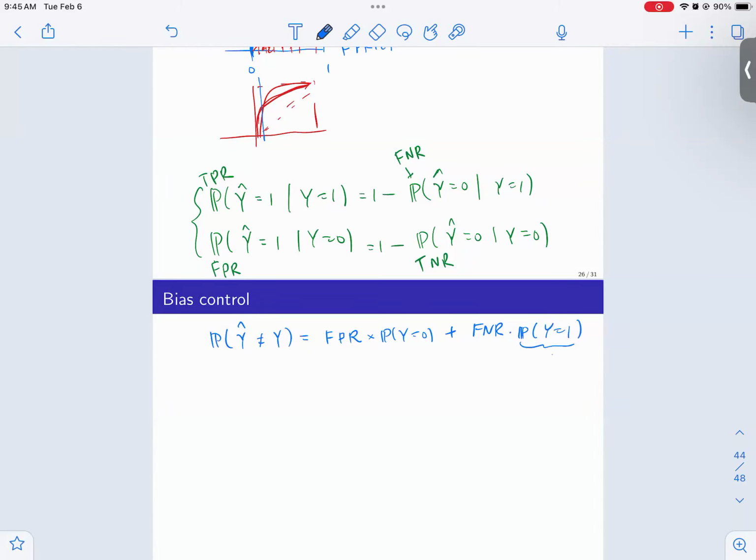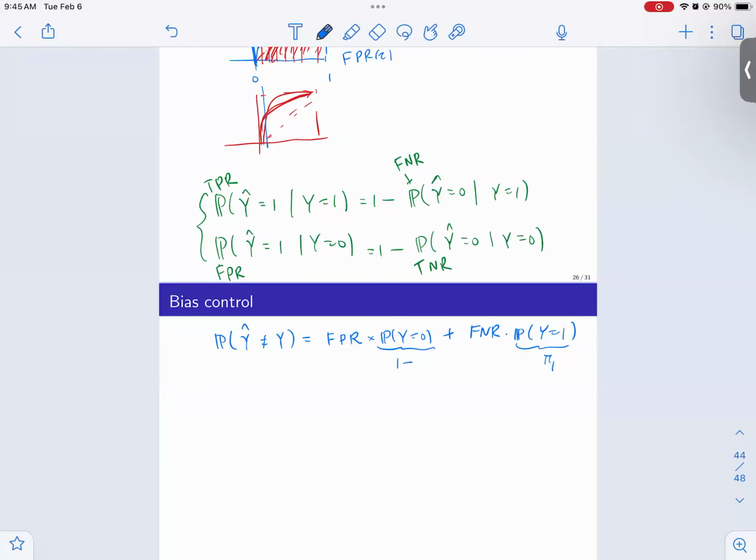If we call this pi 1, sometimes it's called prevalence, then this would be 1 minus pi 1, or you can say pi 0 if you want. So this would be false positive rate times pi 0, plus 1 minus true positive rate times pi 1, something like that.